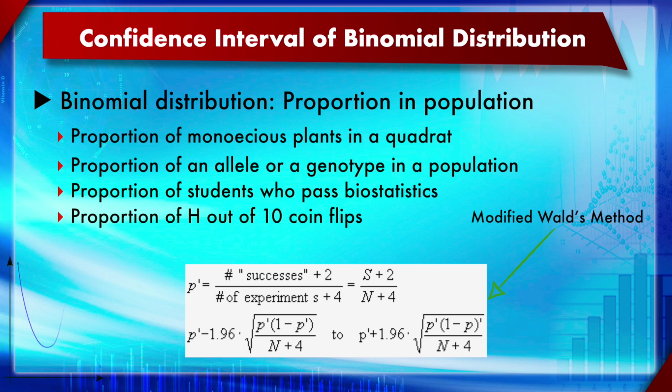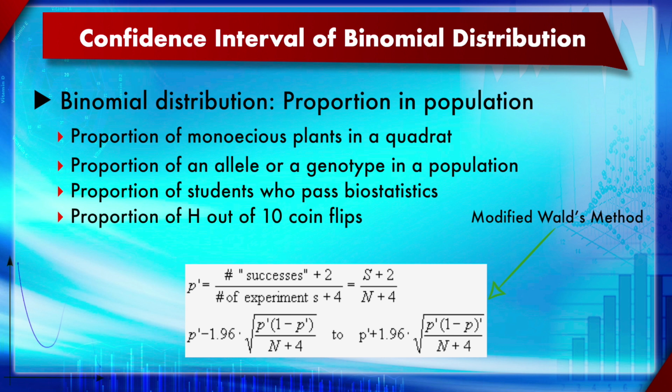The next is that with the P prime, you have to calculate P prime minus 1.96 root P prime into 1 minus P prime divided by N plus 4, and P prime plus 1.96 root P prime multiplied by 1 minus P prime divided by N plus 4. It looks a bit complicated, but it's not at all complicated. It's a very simple formula by Wald.